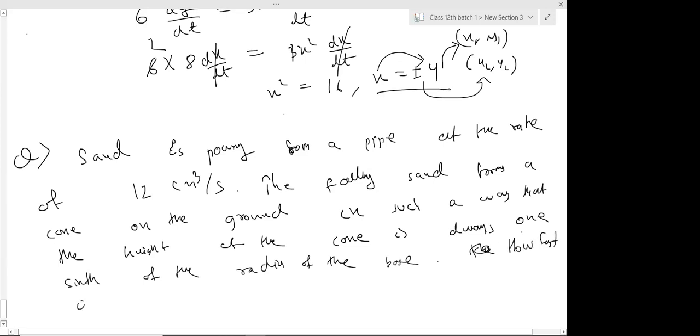How fast is the height of the sand increasing when the height is 4 centimeters?